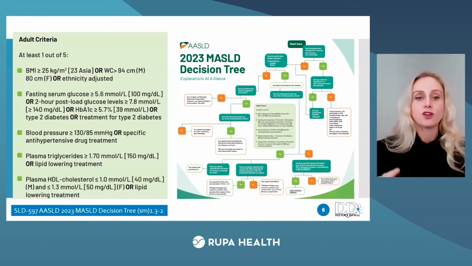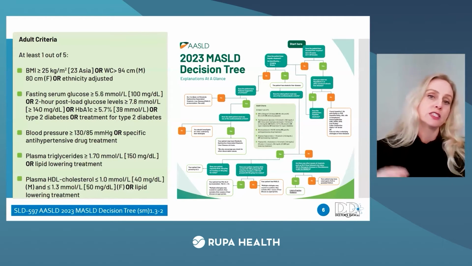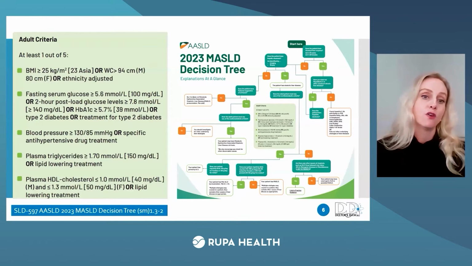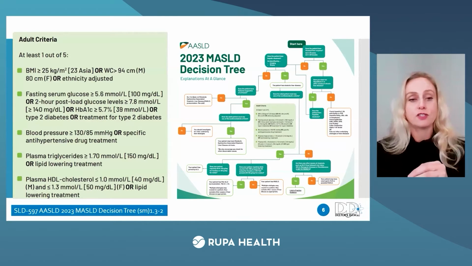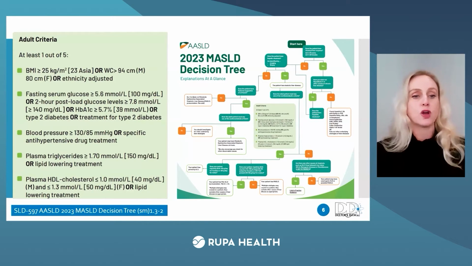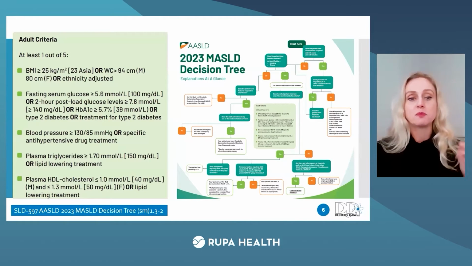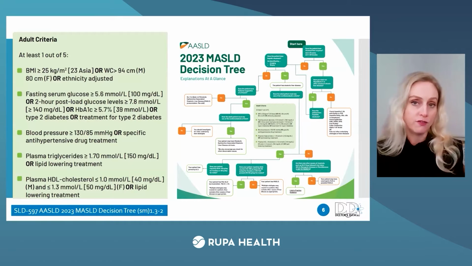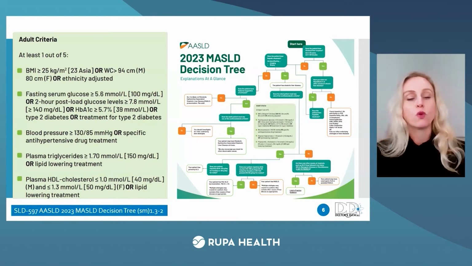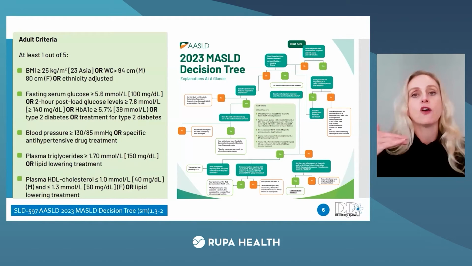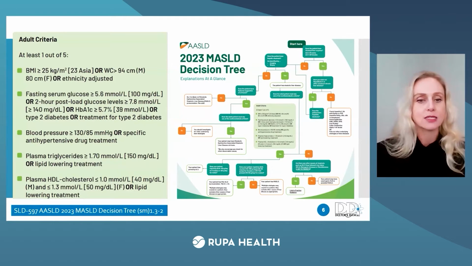Look, this is 130 over 85. Remember what I said previously? We really want to keep it 120 over 80, but 130 over 85 is the criteria here, or if the individual is already on antihypertensive treatment. The other consideration would be plasma triglycerides greater than 150 or lipid lowering treatment.